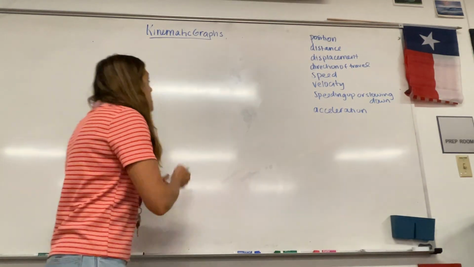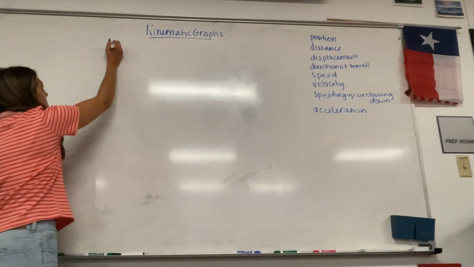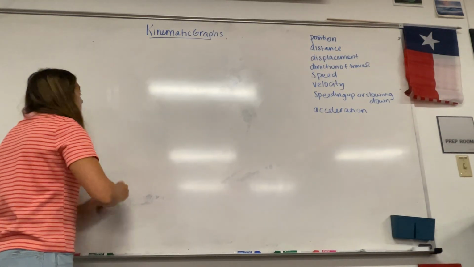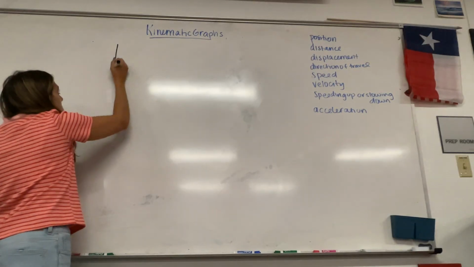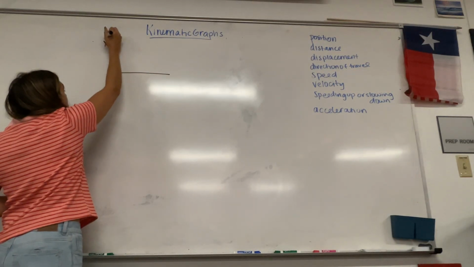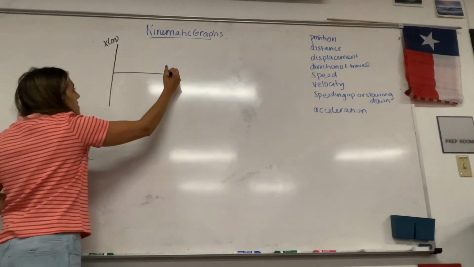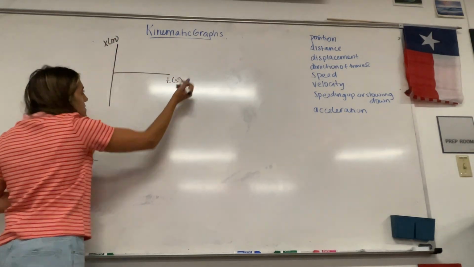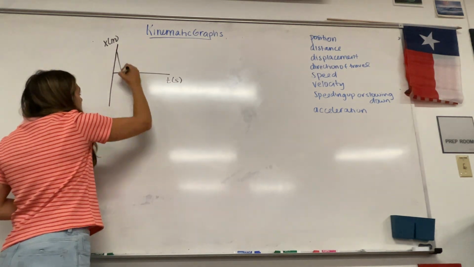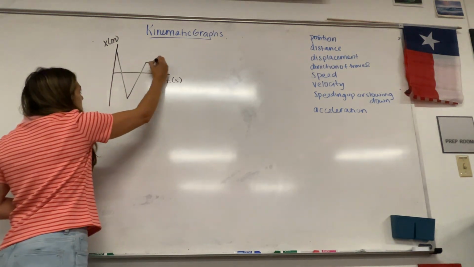So the first one we're going to do is a position time graph. That's a terrible marker. So this would be a position time graph. I'm going to do a straight one to begin with.